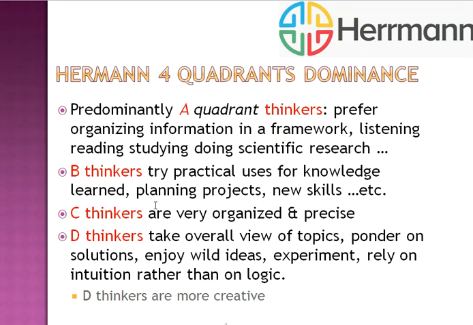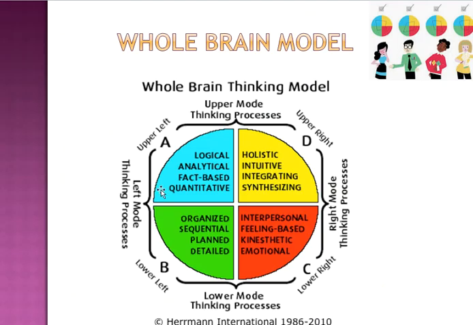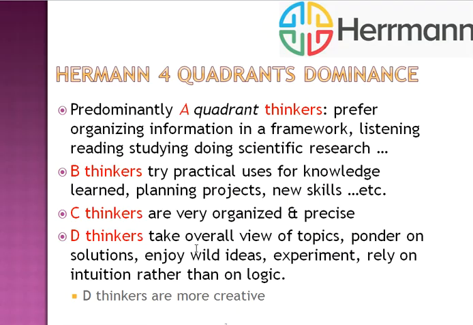Let's see the B thinkers. The B thinkers are here, which is the green color. B thinkers try practical uses for knowledge learned, planning projects, new skills, etc. C thinkers are very organized and precise, while D thinkers take an overall view of topics, ponder on solutions, enjoy experimenting with ideas, and rely on intuition rather than logic.